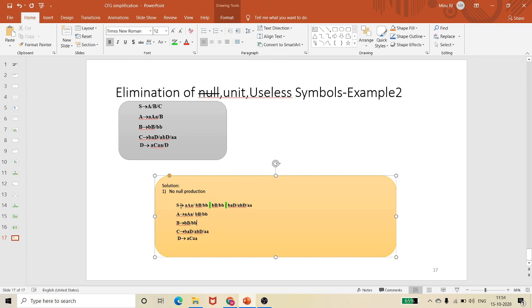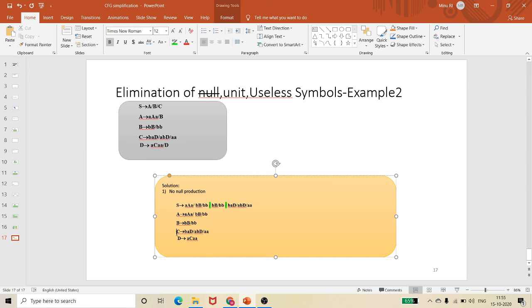And now check for the non-generative. A is generative, B is generative, C is generative, D is generative if you substitute the value of C. So all are generative. When I am checking for reachability, from S I can reach A, from S I can reach B, from S I can reach D. Now, is C reachable?